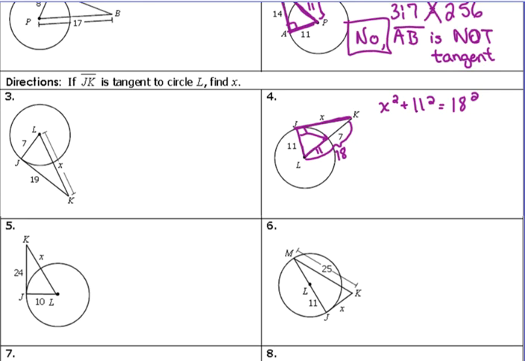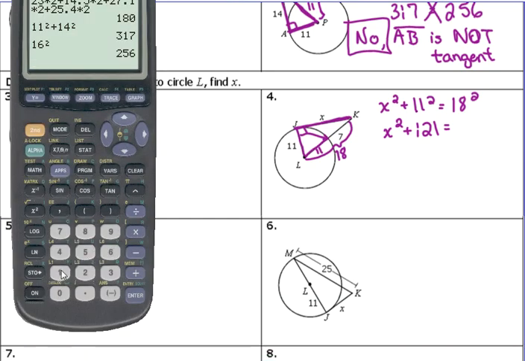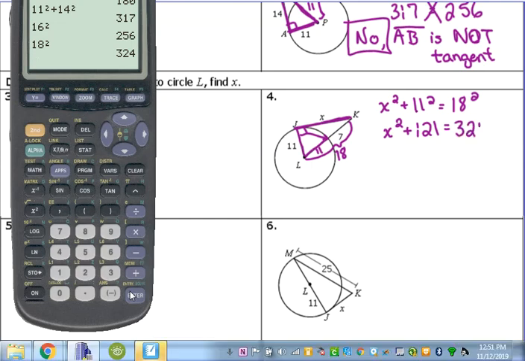So we've got our Pythagorean theorem and we can proceed to solve this equation. 11 squared is 121. 18 squared is 324. So when we subtract 121, x squared is equal to 203.